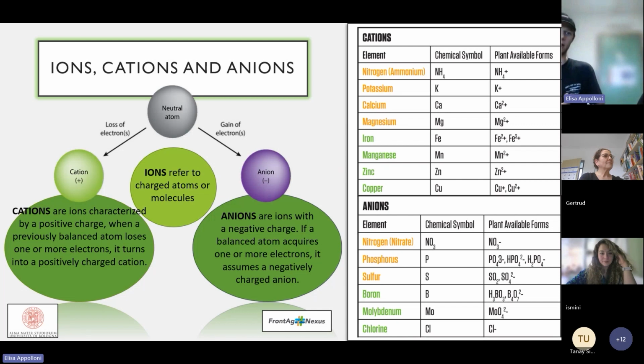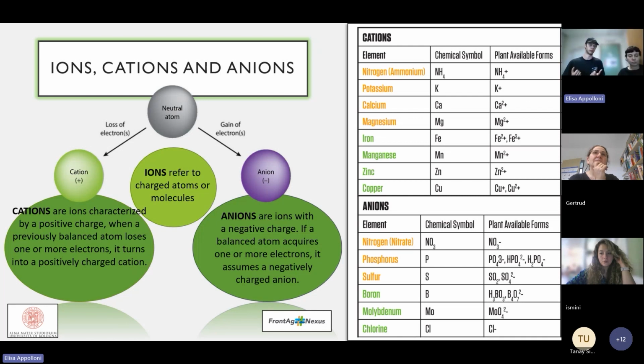So ions are nothing else than atoms or molecules which are charged. This means that there is a loss or a gain of electrons by the atom or the molecule. And so we will talk about cations if there is a loss of an electron. And when there is a loss of an electron, there is a gain of a positive charge because you are losing an electron, which is negative, and so you become positive.